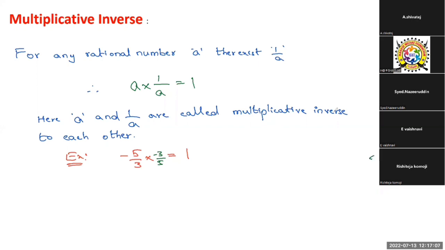So I'm going to tell the next concept. Distributive property. Yesterday we already discussed what the distributive property is. How many rational numbers are required to state the distributive property? Three rational numbers are required.